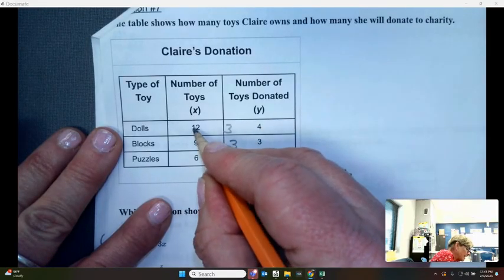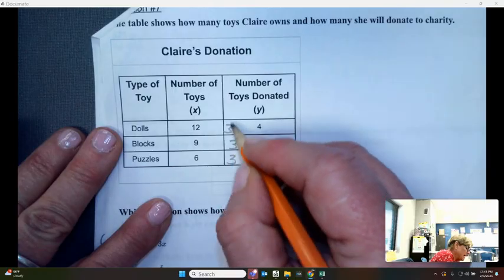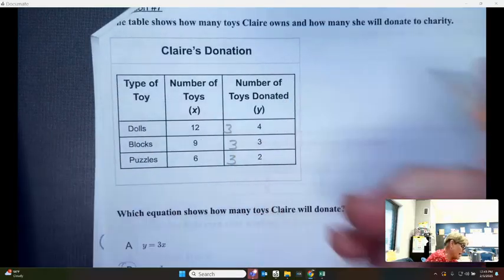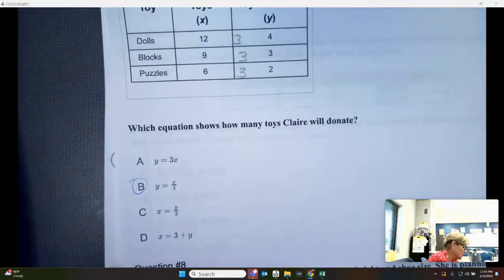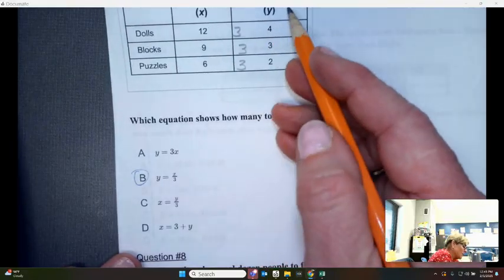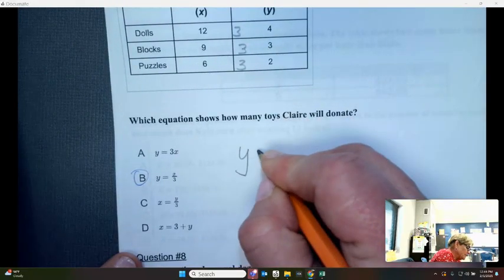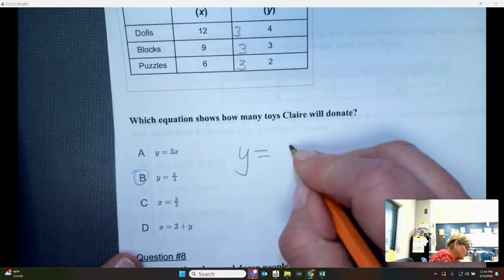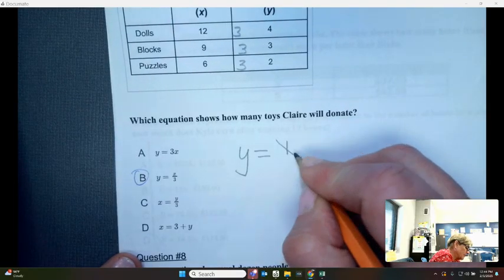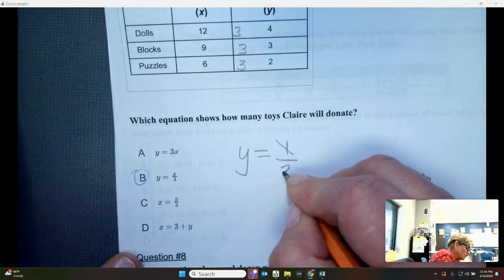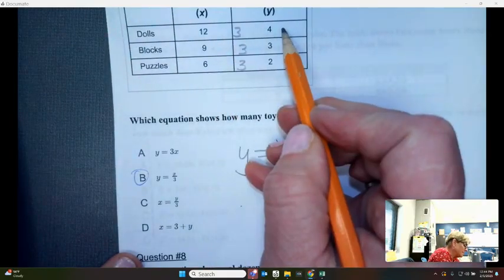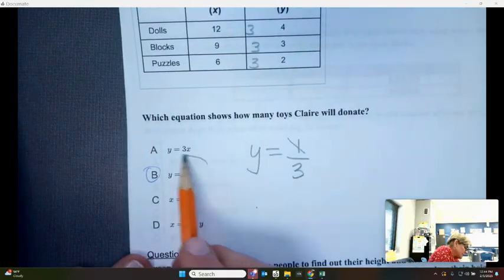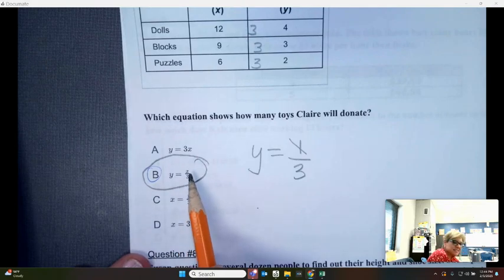So the value of X divided by 3 equals the Y. So we want to look at how many she will donate. So our Y is going to equal whatever X is divided by 3. So 12 divided by 3 gives us that. 9 divided by 3. So it's got to be Y equals X divided by 3.